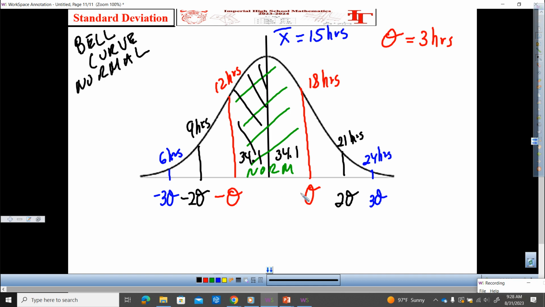So the normal percentage, or the students that are going to score within those hours of study, is going to be how much percent? 68.2 of the students fall within that range. If we go one standard deviation over, this is 13.6. This is 13.6. Another standard deviation over, this is 2.1, 2.1.